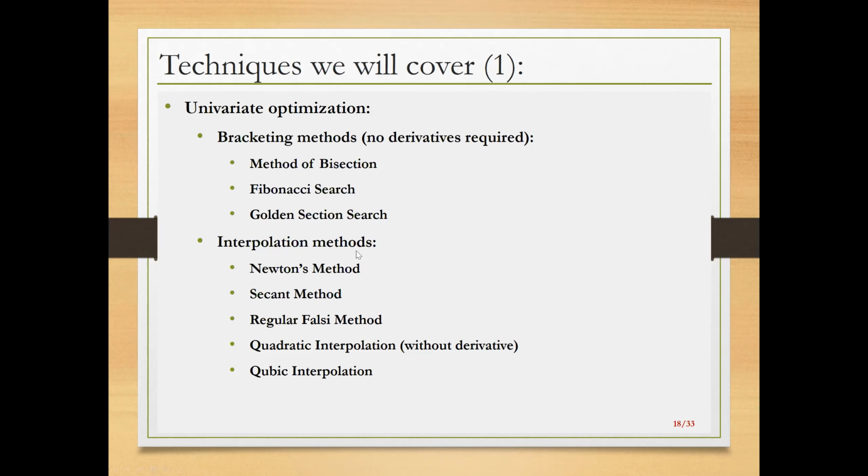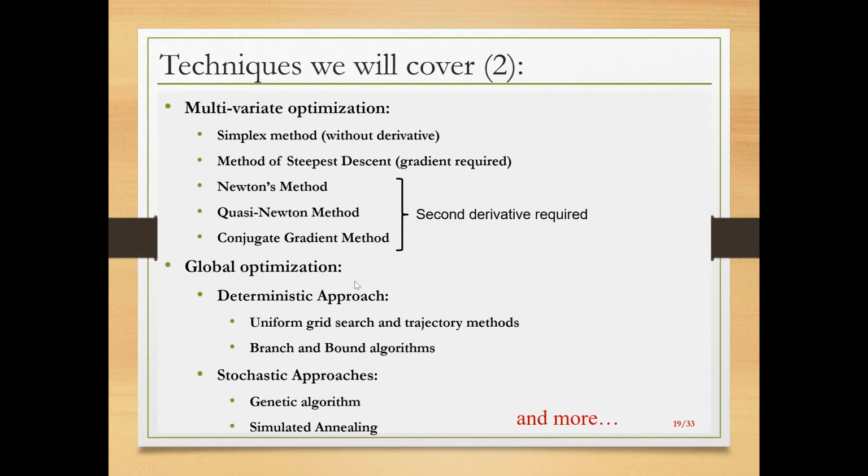Then we have interpolation methods, which require finding the derivatives. There's another method, quadratic interpolation, which goes without the derivative, but it's an interpolation method. We'll see each of them as well. Then we have multivariate optimization, when it comes to finding an optimal vector, like x1, x2, x3. We use the simplex method.